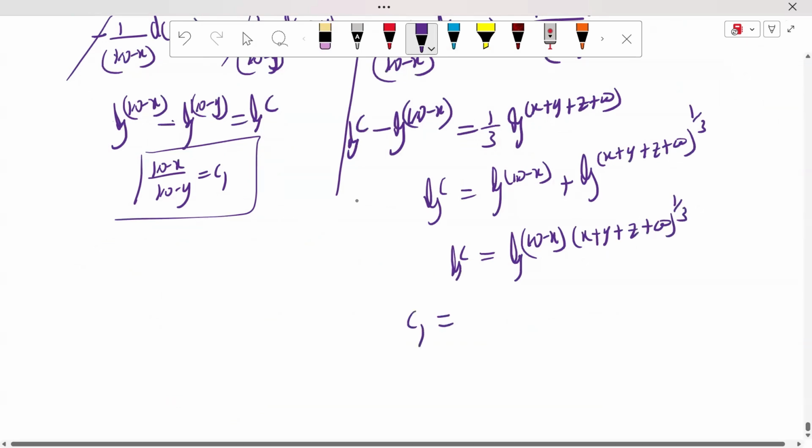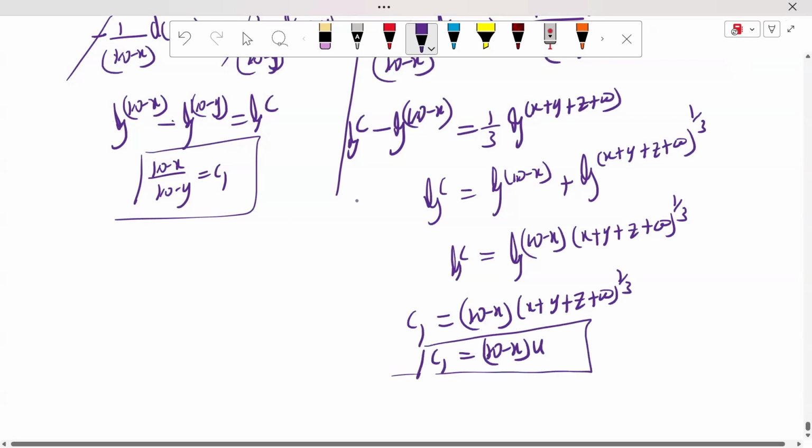Finally c1 is equal to (w minus x) into (x plus y plus z plus w) whole power 1 by 3. It is nothing but (w minus x) into small u, sir. It is the c1, where u is equal to (x plus y plus z plus w) whole to the power of 1 by 3.